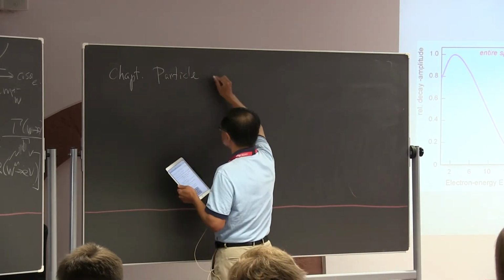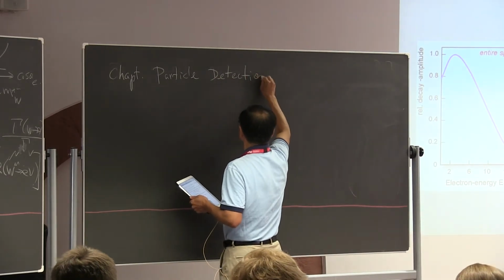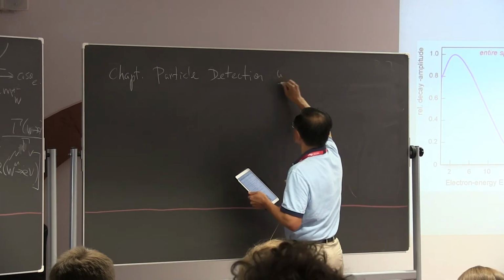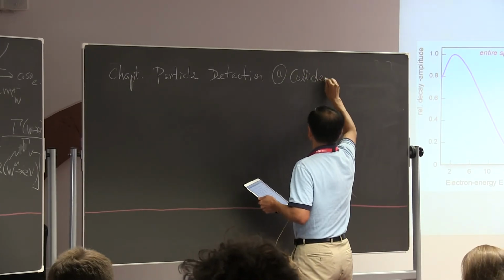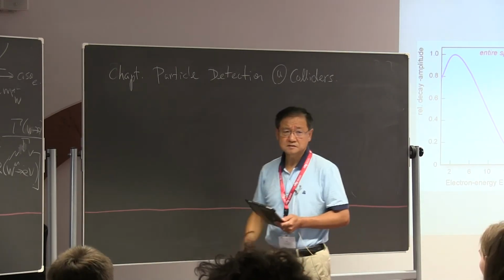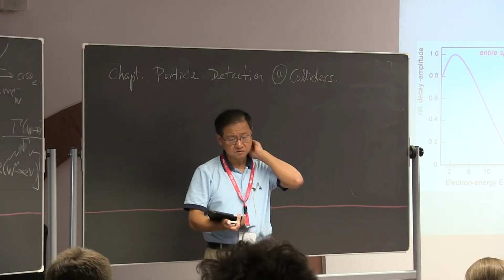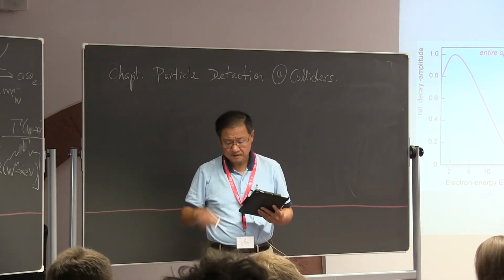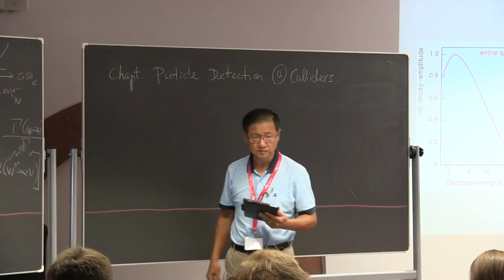we should know. Particle detection, but particle detection in particular at a collider environment. The collider detectors. That's rather modern, in fact. Those are the technological developments, relatively modern, only until maybe 20, 30 years ago or so. It's gradually developed further and further.